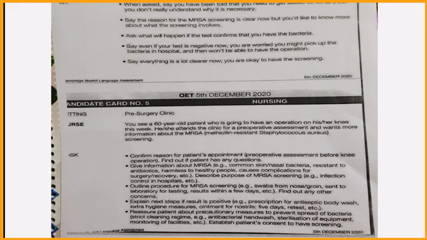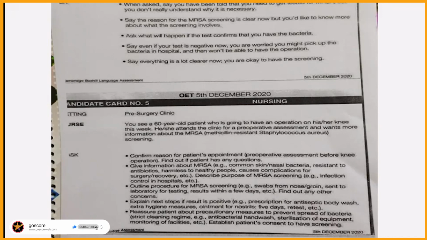Students, I want you not to be in a hurry to write the notes alone. Look at the task and see how I'm developing it. That is what is very important. Well, all right, I shall explain the procedure for MRSA screening. The swabs. How do you pronounce it? Swabs. Say, swabs are taken. The swabs are taken from the nose or groin and are sent to the laboratory for testing, and the results will be available within a few days.